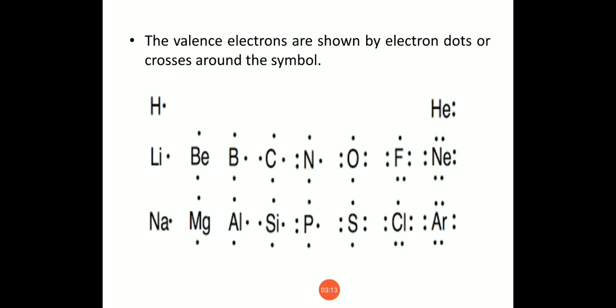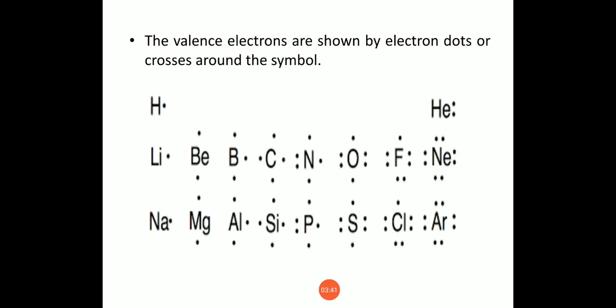For representing a Lewis symbol, you have to write the symbol. Then around that symbol, you have to represent the number of valence electrons. If you have two valence electrons, you have to give two dots or two crosses.